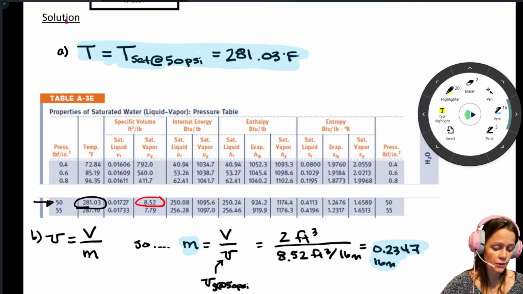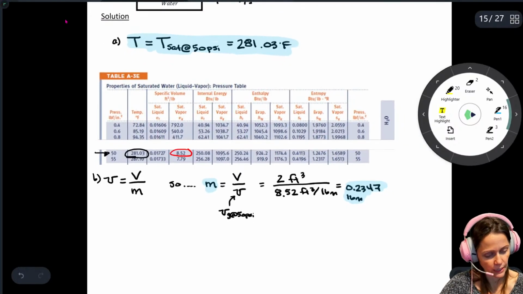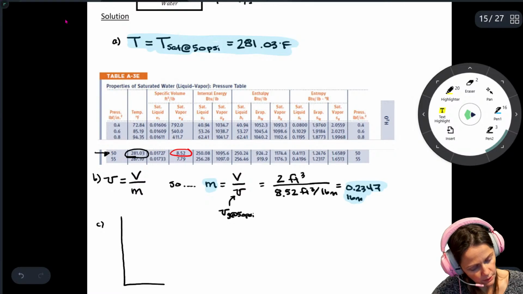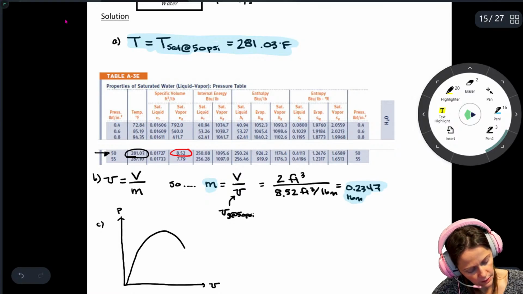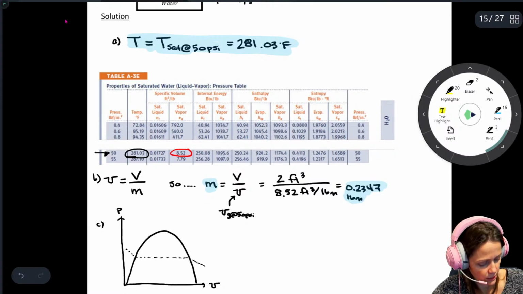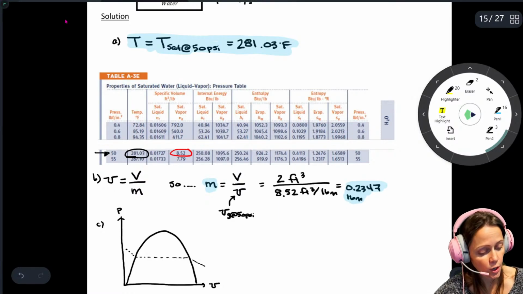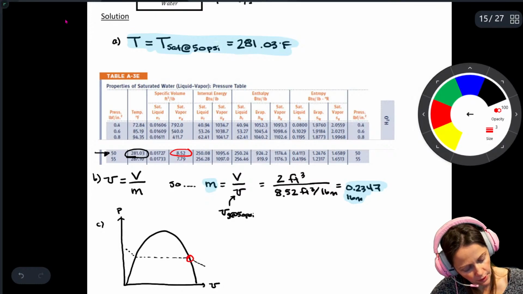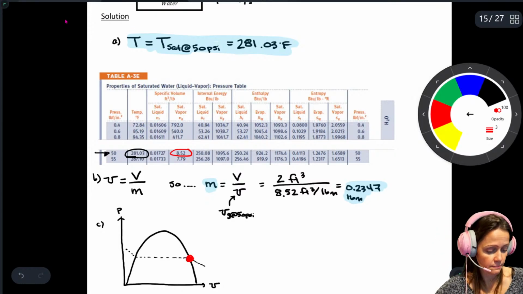And then the very last thing I need to do is draw the location on a PV diagram. So I'm going to do that now. Sometimes it's helpful to draw little lines of constant temperature. I don't really think that's going to help too much in this case, but I know that my state is going to be right there on that saturated vapor line.